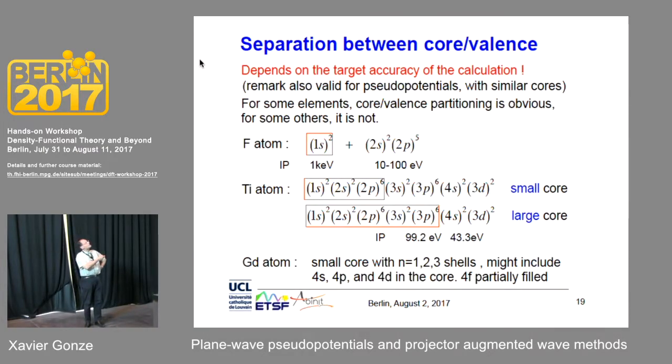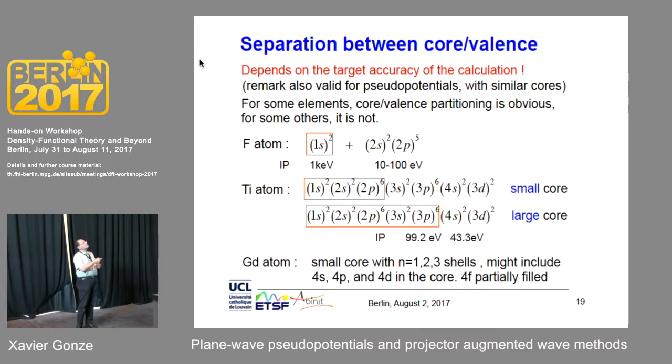When we work with some elements, especially those in the higher part of the periodic table, the covalence partitioning for normal precisions, normal target accuracy, is quite obvious.